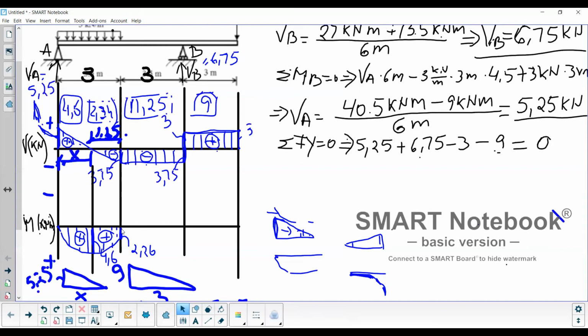All right, so now from 226, I'm looking at the diagram again. On the next section, I have to go towards the negative side, and I have to go with 11.25. So 226 minus 11.25 will land me here at roughly 8.99, which is approximately 9.